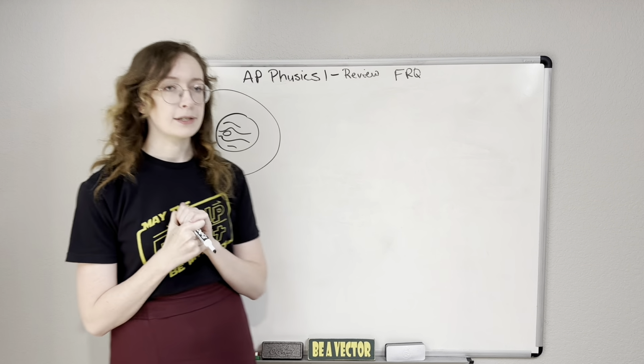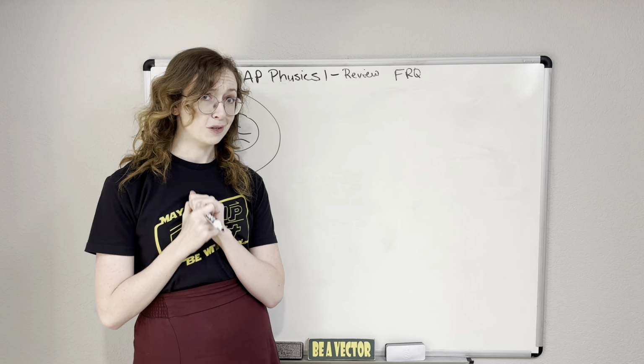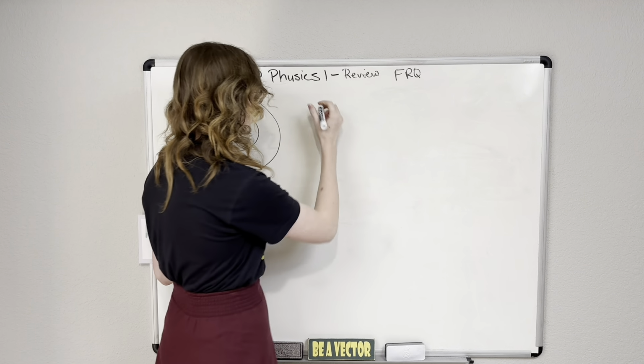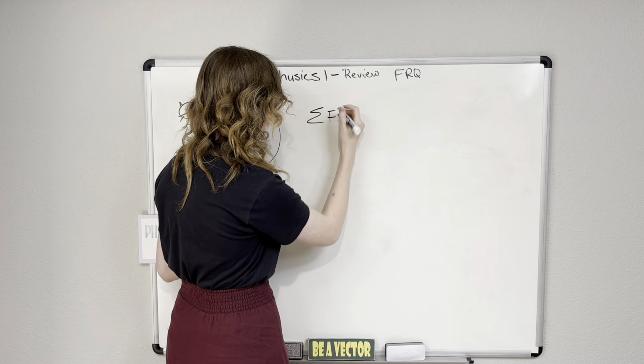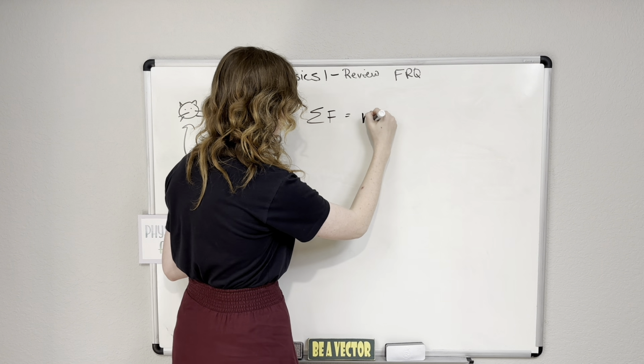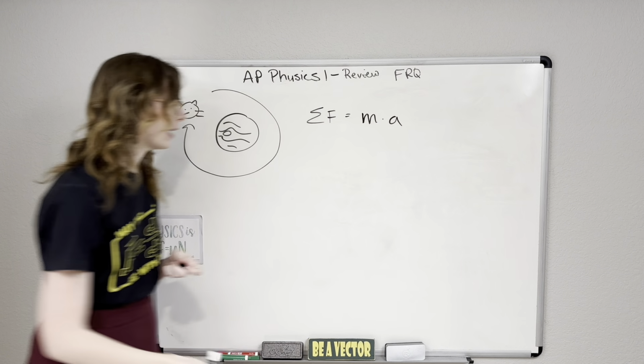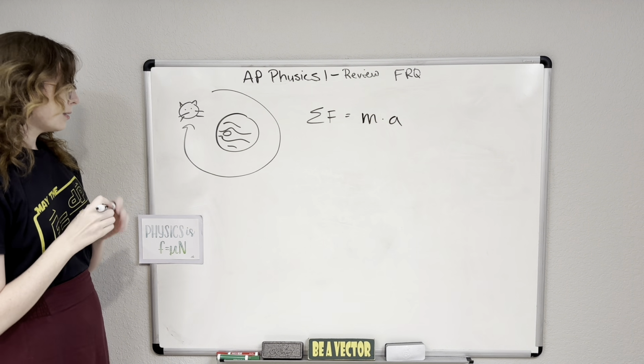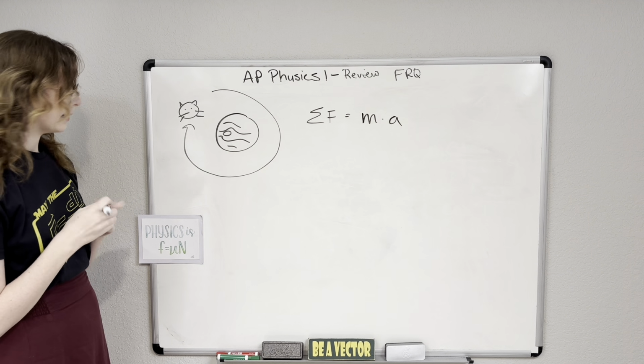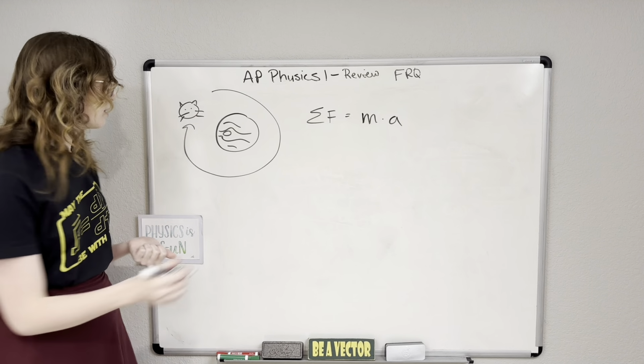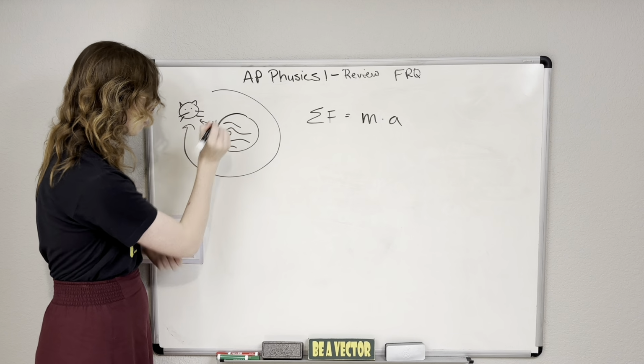Well, a good place to start is probably by thinking about the forces acting on her. We know that the net force acting on an object is equal to that object's mass times its acceleration, Newton's second law of motion. So what are the net forces acting on Juniper? Well, that's just going to be the force of gravity between Jupiter and Juniper.